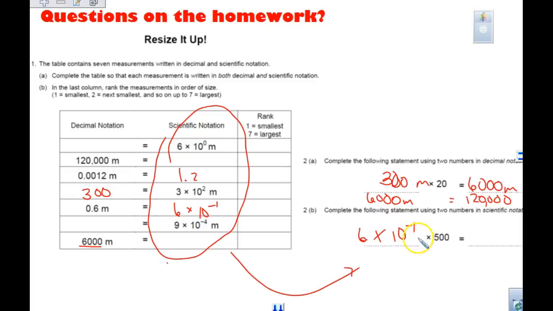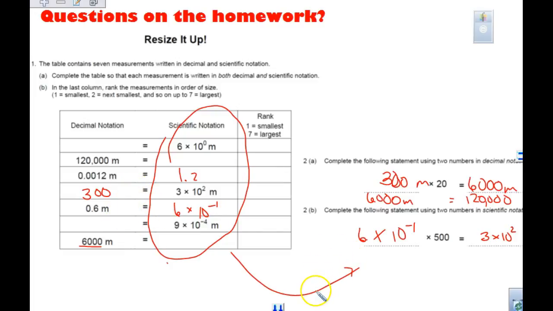Just 6 times 5 is 30. So if I have 6, and this is really 0.6 times 500, I should come up with 3 times 10 to the second. Is that going to be 300? Okay, that's one of them.